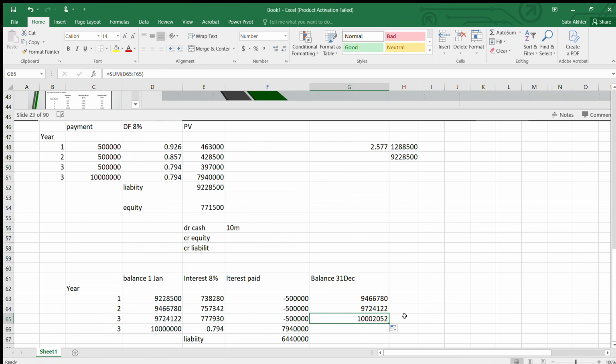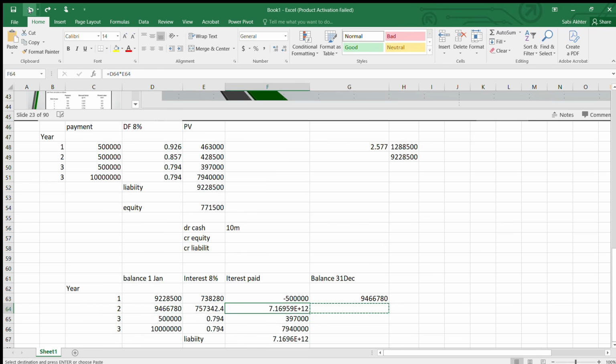It has to be 100 million. You see, there is a discrepancy somewhere. That is because I've dropped down the decimal. So they have taken rounded figure.